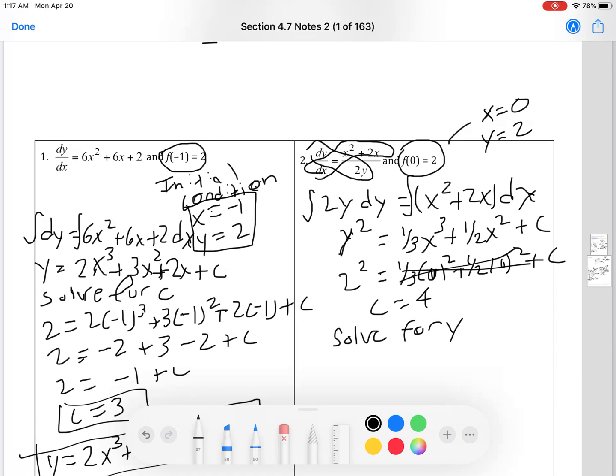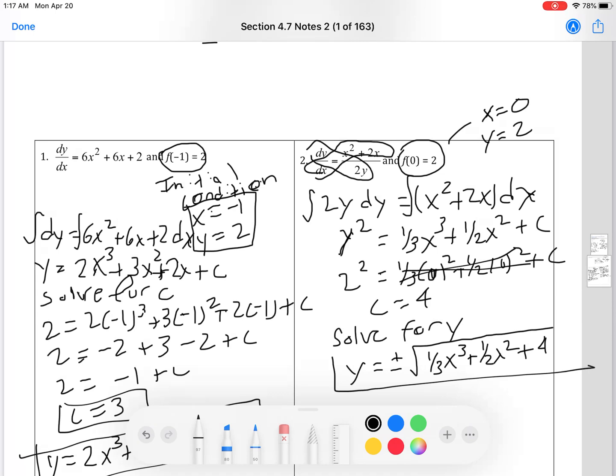When I do that, I'm going to get that y is equal to plus or minus the square root of 1/3 x cubed plus 1/2 x squared, and I know what my plus c is, so I'm just going to put in a 4. And because y is by itself now, we have completely solved the differential equation.